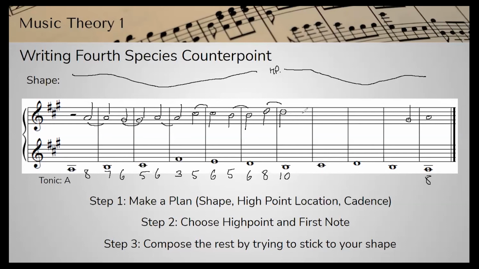So we could have another leap of a third down, which becomes an octave, which is fine. We can do that. So let's do that. That gets suspended over to become a seventh with that C sharp. Now that's dissonant, so it needs to resolve down by step to become a sixth. And then that is suspended over to become a fifth with our D, which is consonant.